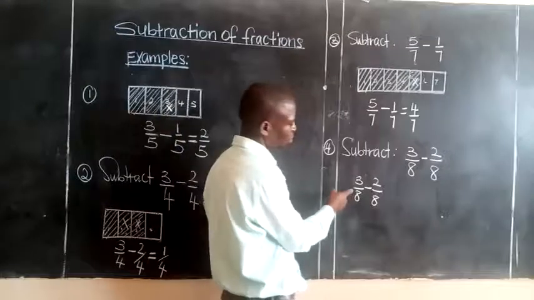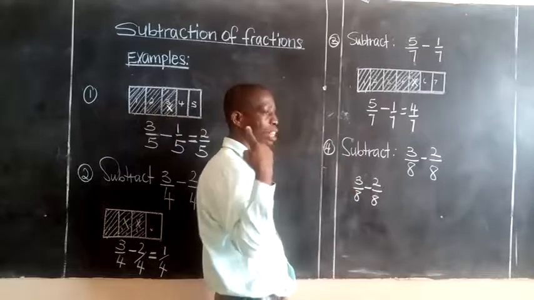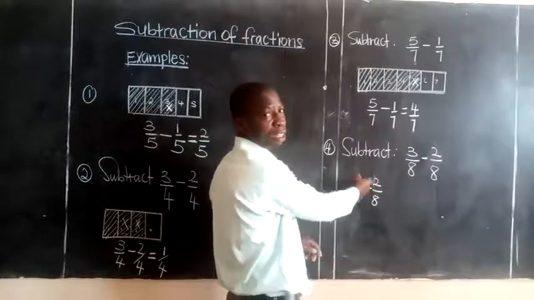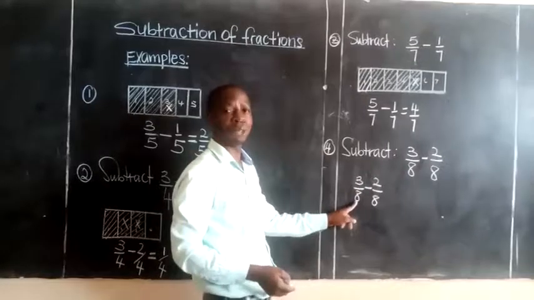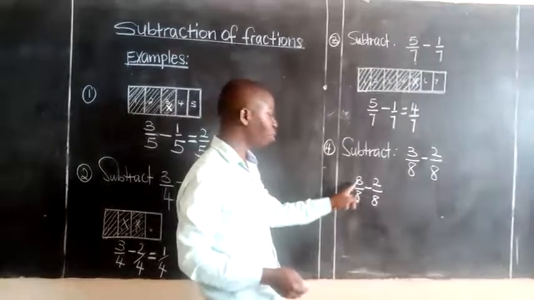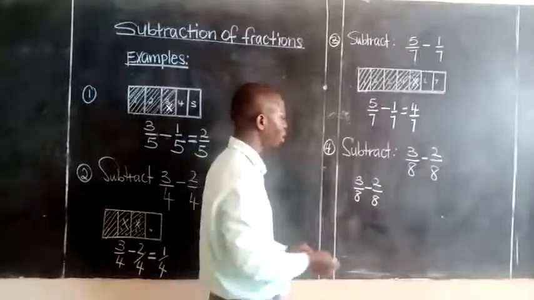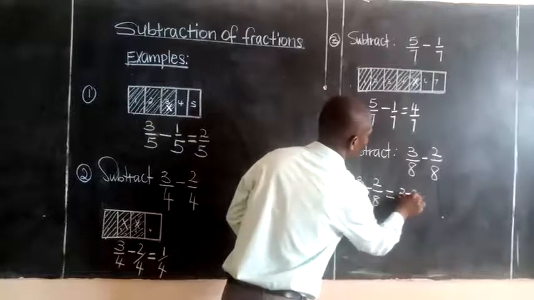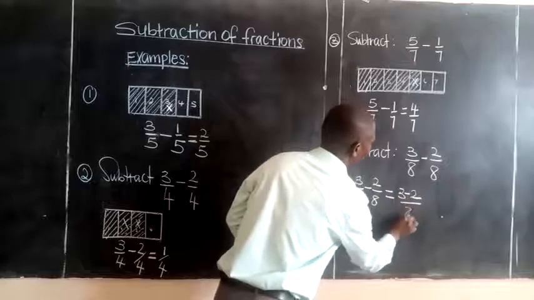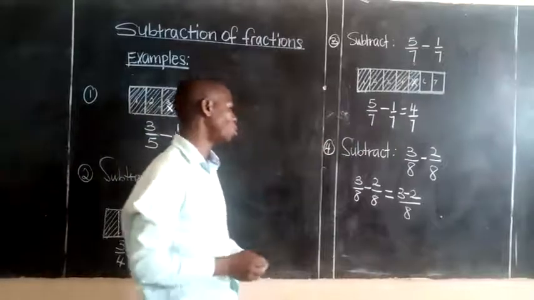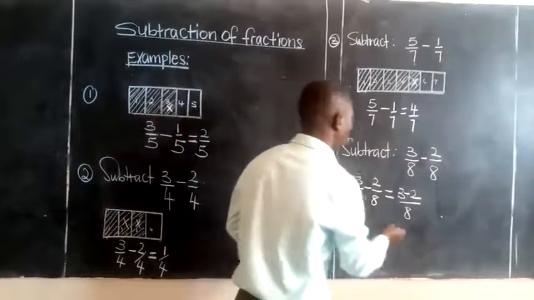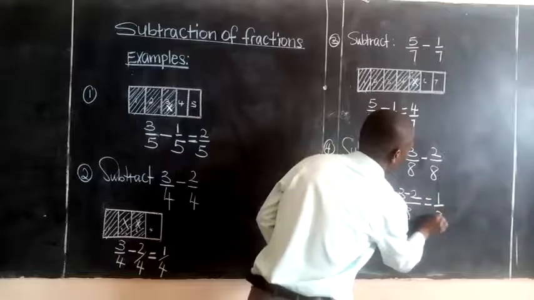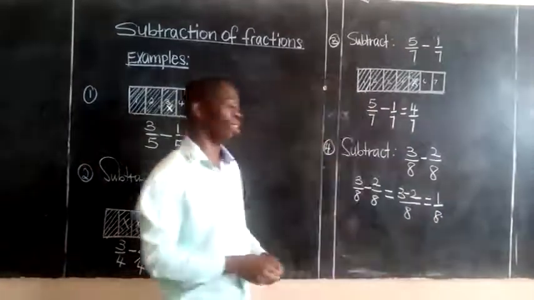We shall do it like what we did in addition. We shall only deal with numerators, and we maintain the denominator. So we say 3 take away 2. You maintain the denominator, the lower number. Our answer is 1 out of 8, which is 1/8.